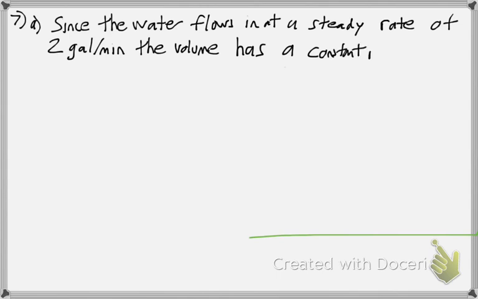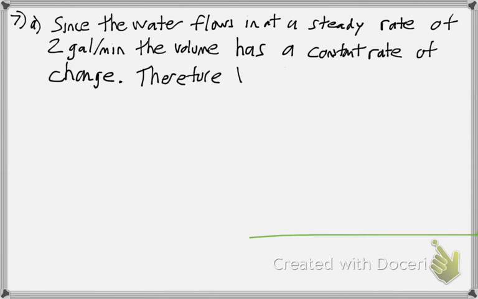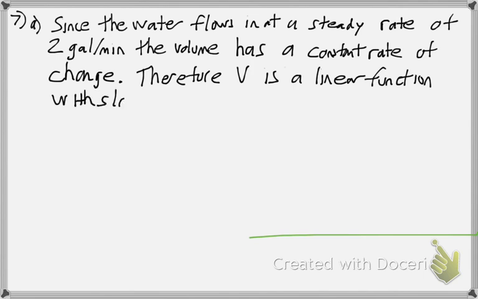Constant rate of change. So essentially, therefore, V is a linear function with slope 2.